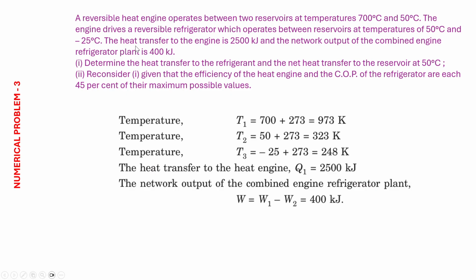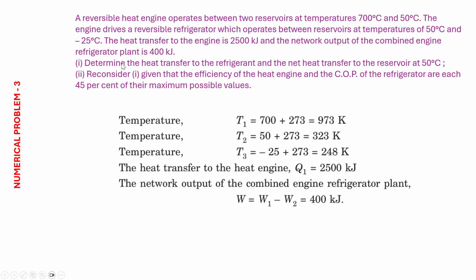In addition to the four temperatures, the heat transfer to the engine, that is the heat supply, is provided, and the net work output of the combined engine refrigerator plant, overall W, is given as 400 kilojoule. We all know the formula for calculating W is W1 minus W2 in this combined scenario.